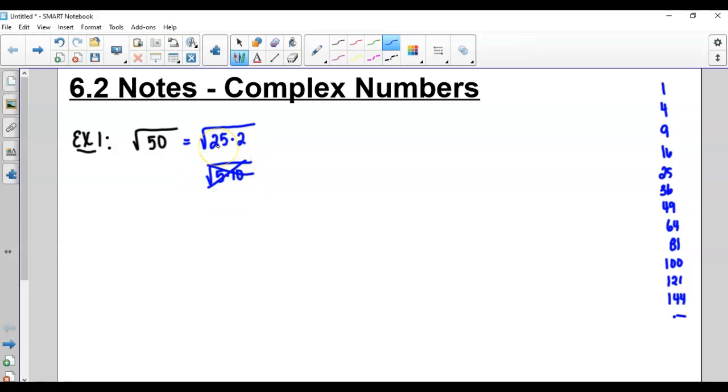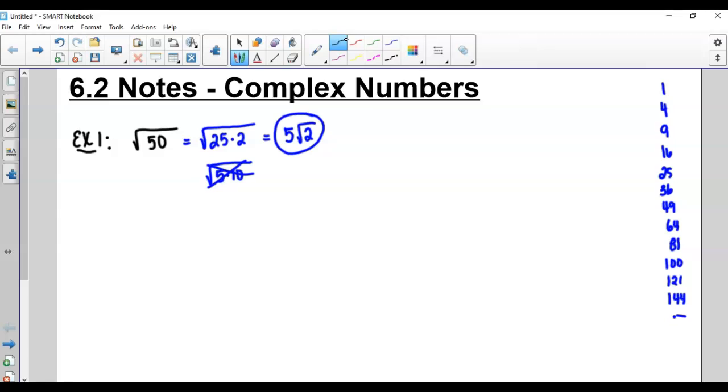However, 25 is a perfect square, so the square root of 25 would be 5, which gets to come outside of the square root, and then that 2 would be left on the inside of the square root, like that.